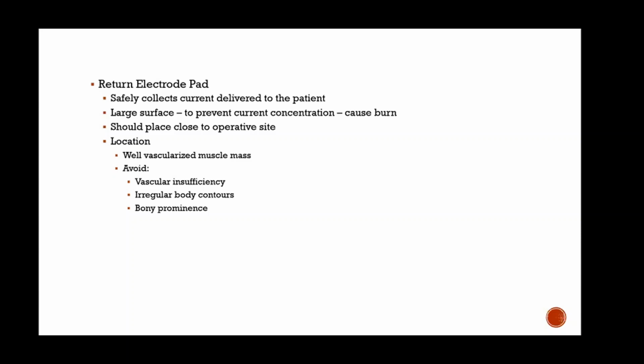Try to avoid locations with vascular insufficiency, because small vessel disease especially can cause capillary burn, so it will worsen the blood supply to that area of tissue. Also try to avoid irregular body contour or body prominence, so that we can apply the return electrode pad properly.